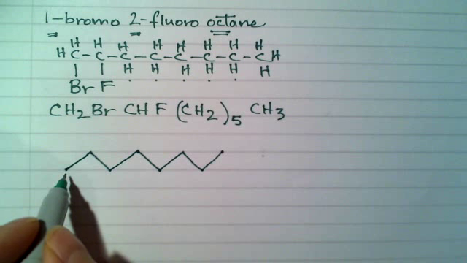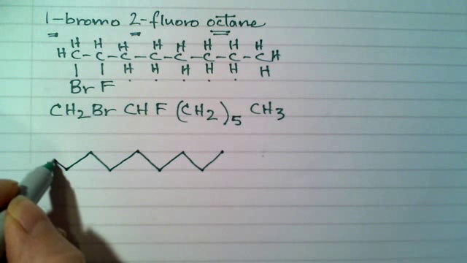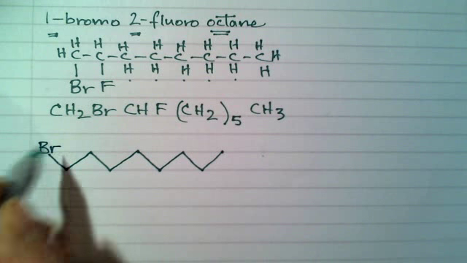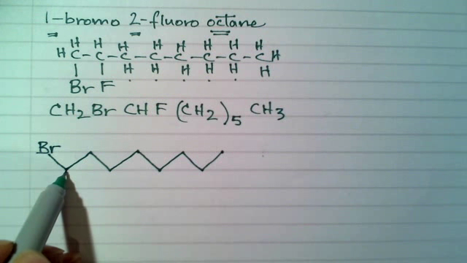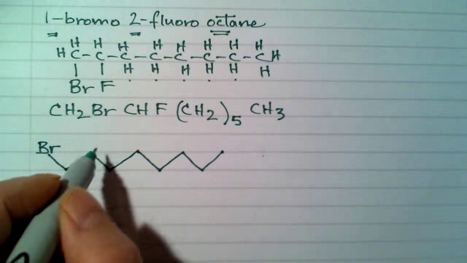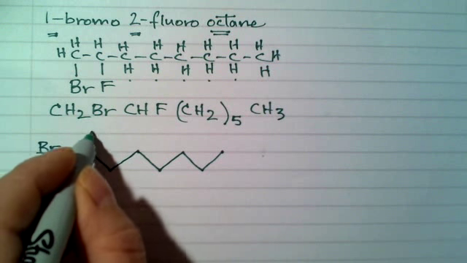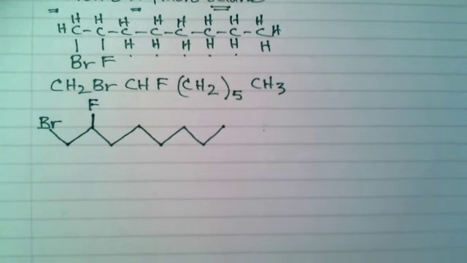And on carbon number 1, I have a bromine. So this does not mean that it's going to another C. It means that this C is bonded to that bromine. And on carbon number 2, I'm going to go up now to a fluorine. And that one is done.